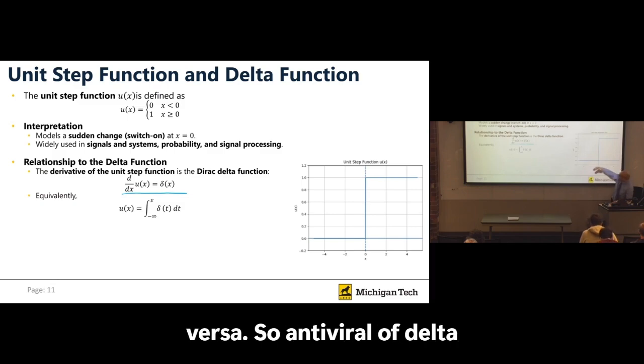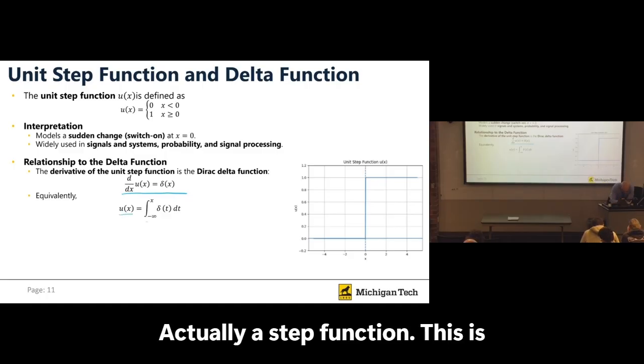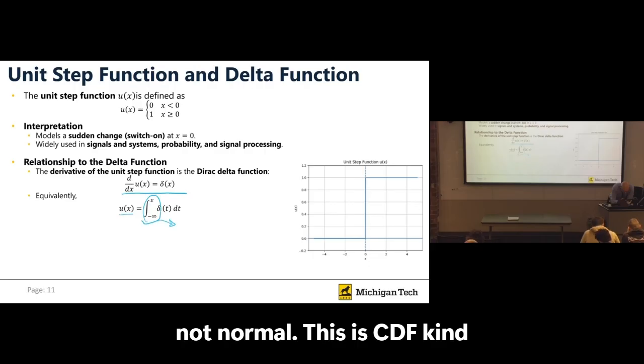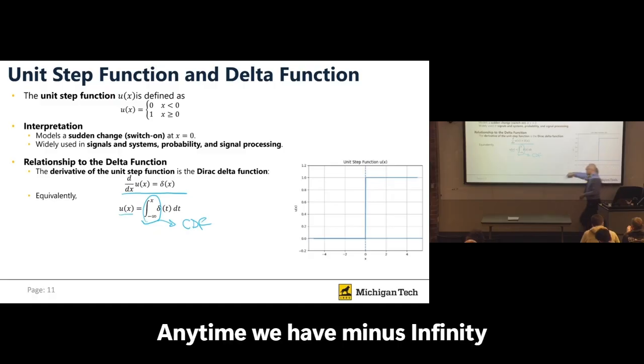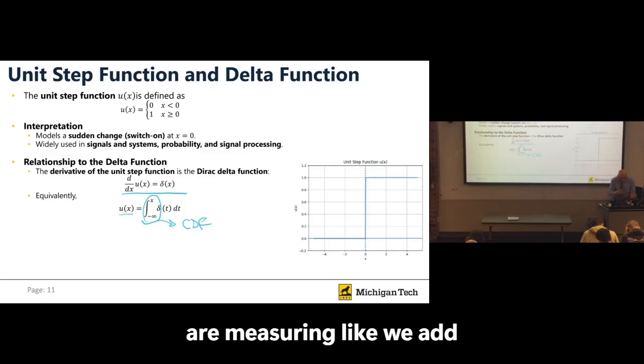So the integral of the delta function is actually a step function. This is not normal. This is the CDF, kind of cumulative. Anytime we have minus infinity to x, it is cumulative. We are measuring like we add them up.